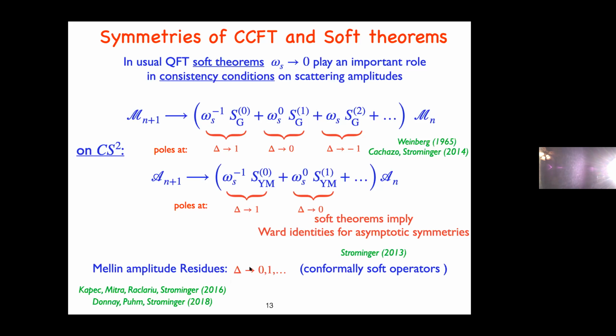The operators at these integer values are not in the principal continuous series. They're called conformally soft operators. And basically the idea is the same way that Strominger showed that soft theorems imply Ward identities for the BMS symmetries. We will try to show that conformally soft theorems lead to Ward identities for the symmetries on the celestial sphere.